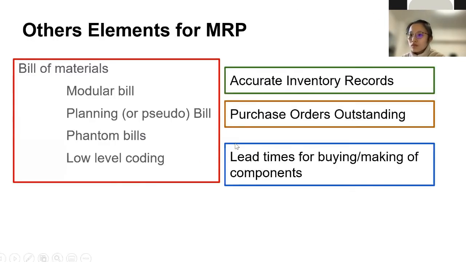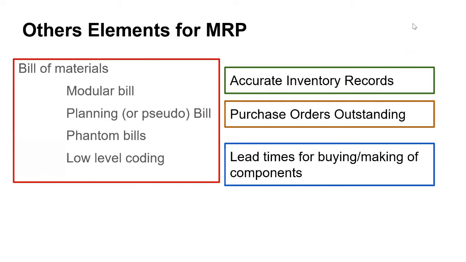Okay. So other things which are important in MRP that we need to understand is you need accurate inventory records. Accurate means to the unit. If we are left with 51, then we need that record to be exactly 51.